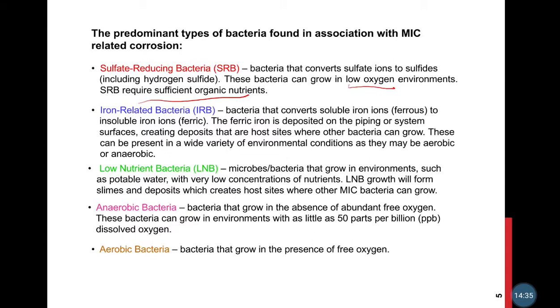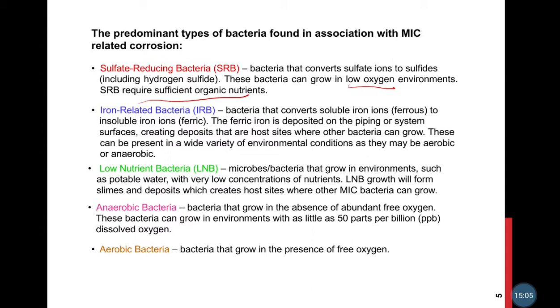So the last one is aerobic bacteria. So this aerobic bacteria dia boleh grow in the presence of free oxygen. So aerobic dengan anaerobic tu dia mempunyai ciri-ciri yang bertentangan lah. Anaerobic boleh hidup tanpa oksigen, and aerobic kena hidup dengan adanya oksigen.